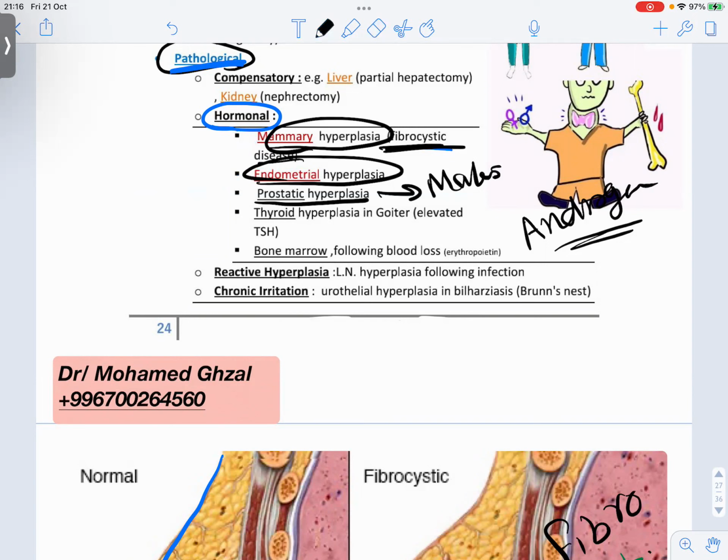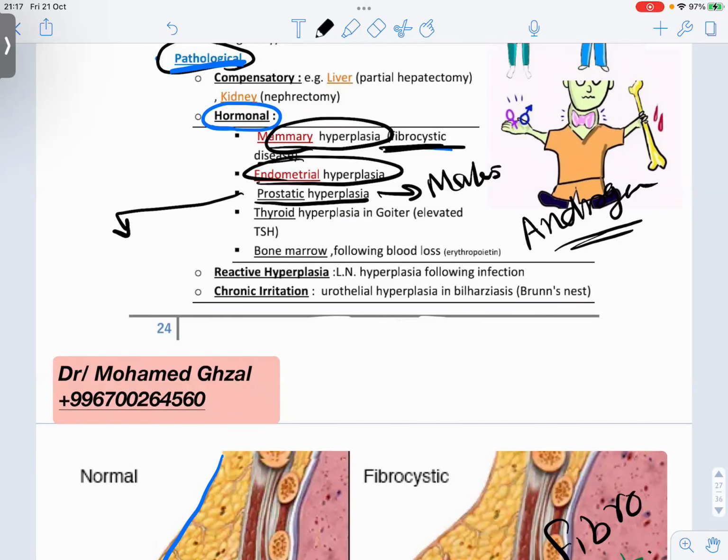But a very important note here is that prostatic hyperplasia can never turn into cancer. So if you get prostatic hyperplasia, you have to thank God, thank God, I will never get prostatic cancer. Why can't you get prostatic cancer if you get prostatic hyperplasia?